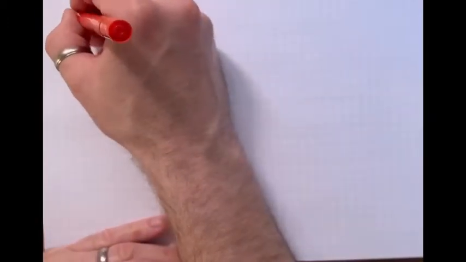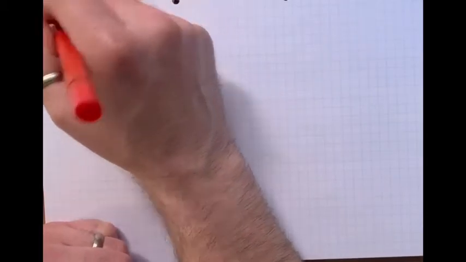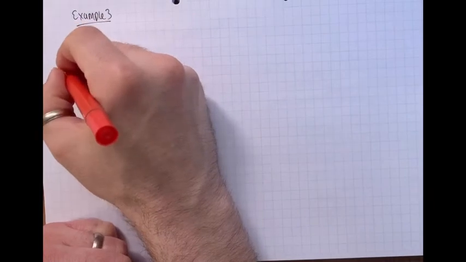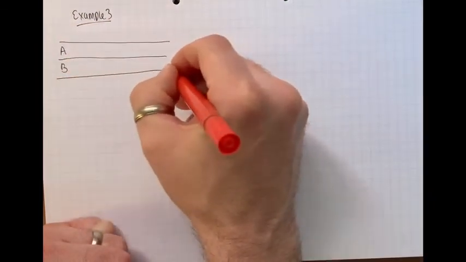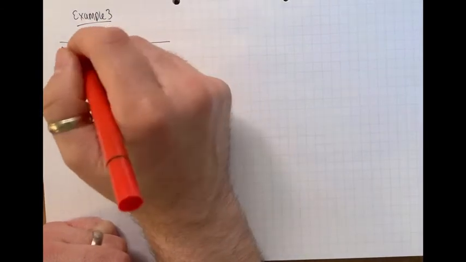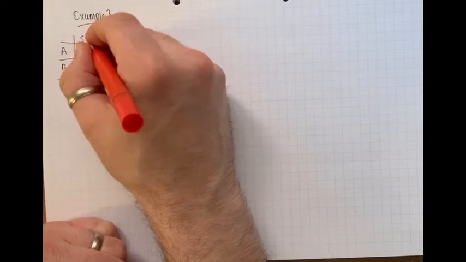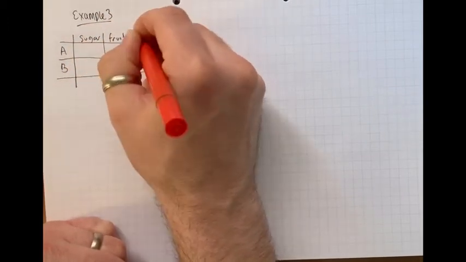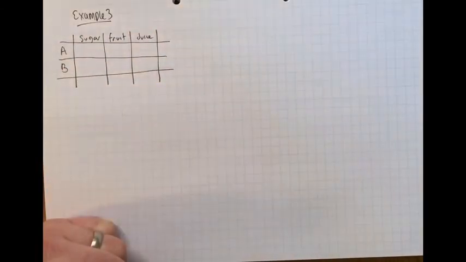So example 3. We're told that a company produces 2 types of syrup, syrup A and syrup B. Syrups are a blend of sugar, fruit and juice.